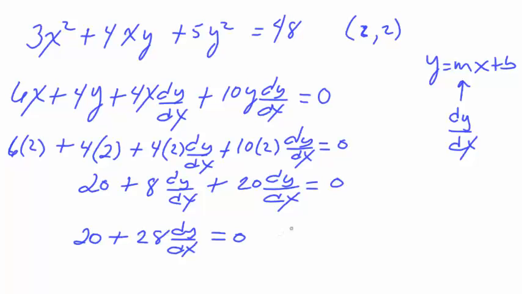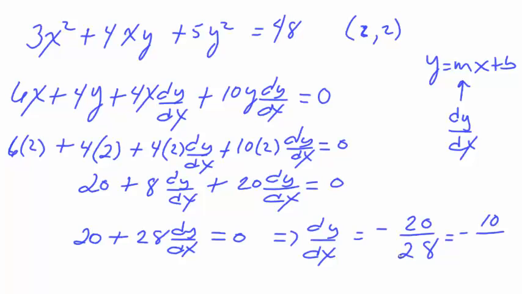Now solving for dy over dx, we bring the 20 over to the right hand side, becomes negative 20, and bring that 28 diagonally down, and now we can simplify this down. 2 goes into 20 10 times, and into 28 14 times.